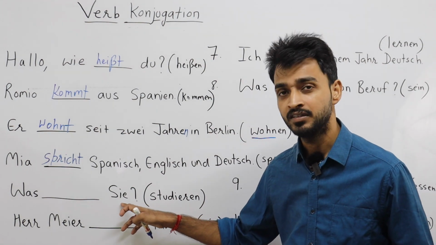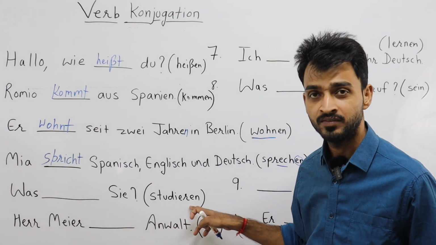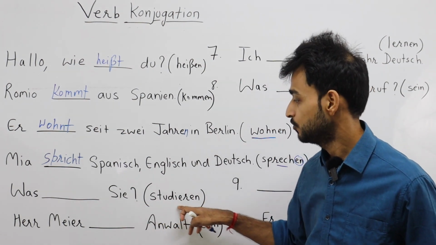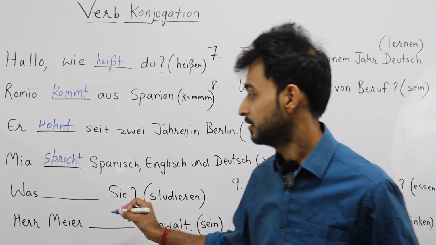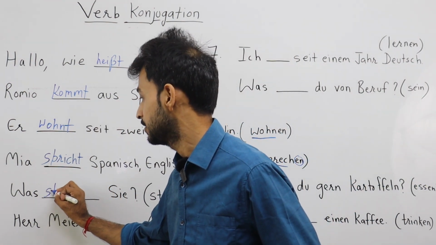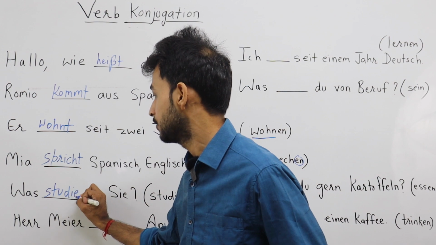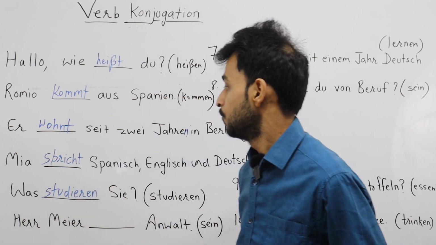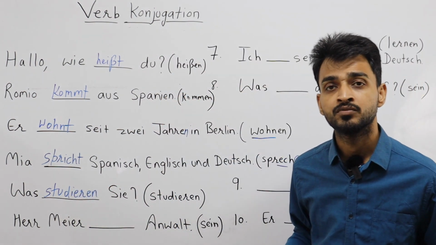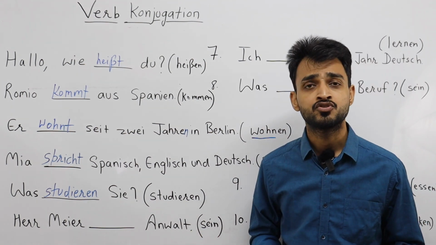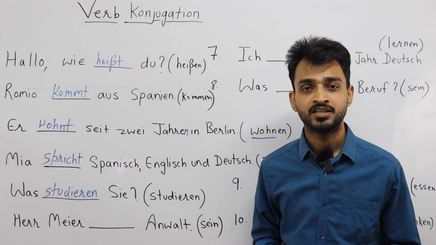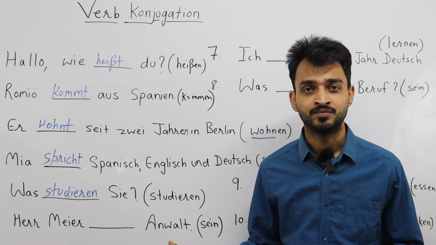So it's formal Sie. We do not change anything. We write as it is. Same spelling, same alphabet. Was studieren Sie means what are you studying? What do you study? It's the same sentence in German. Was studieren Sie means what are you studying or what do you study?